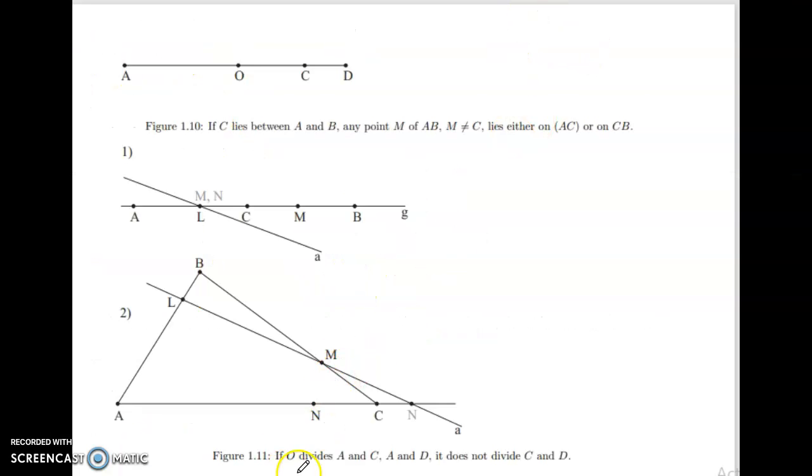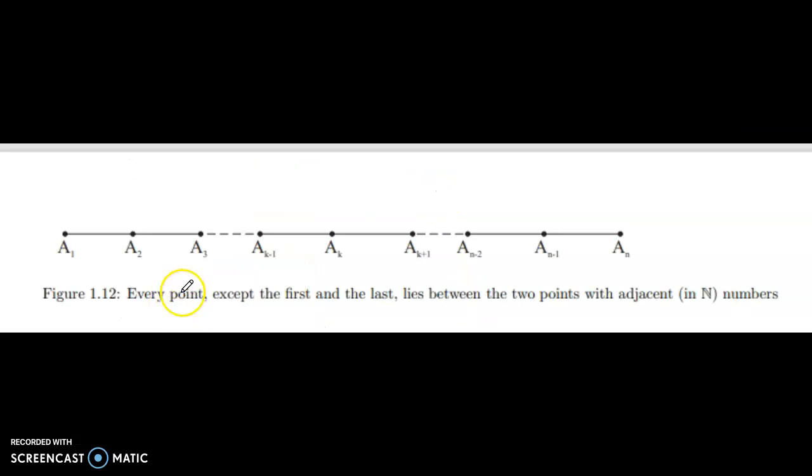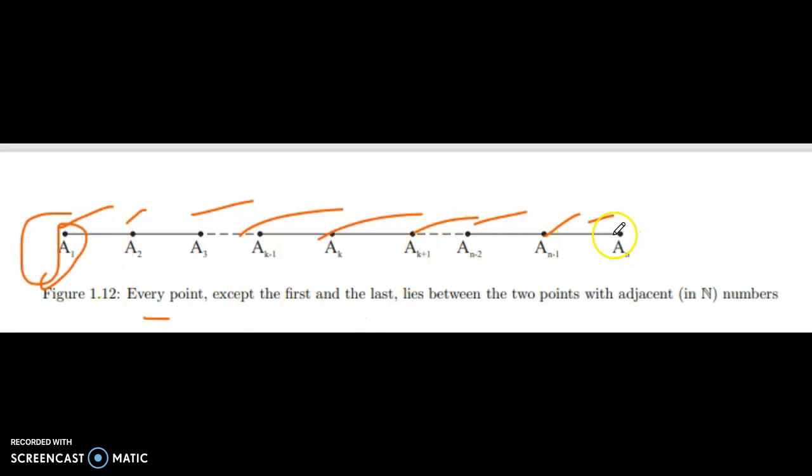If O divides A and C, it does not divide C and D. Every point, except the first and the last, lies between two points, the adjacent ones in n numbers.